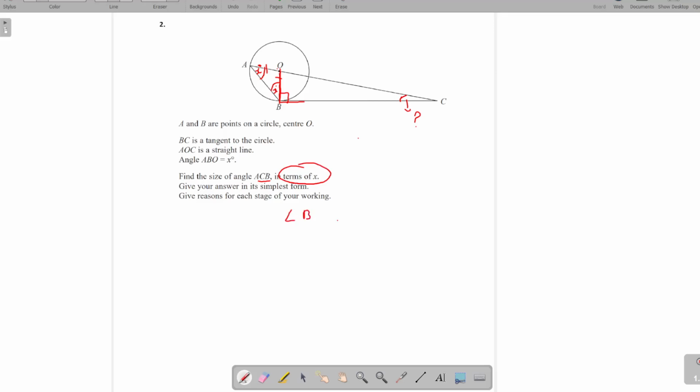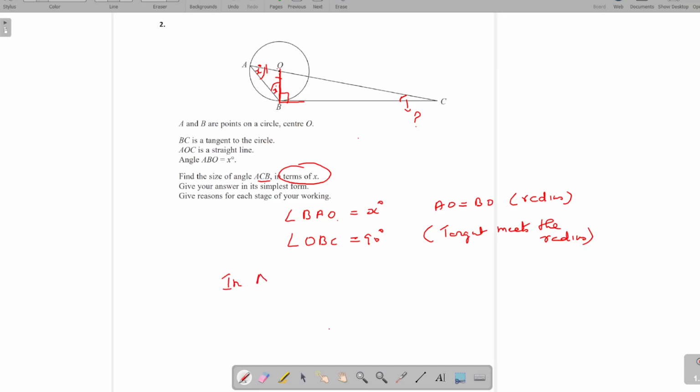Angle BAO is x because AO is equal to BO, radius. So therefore it is an isosceles triangle. Angle OBC is 90, tangent meets the radius at 90. So therefore now we take the triangle ABC. All the angles add up to 180.